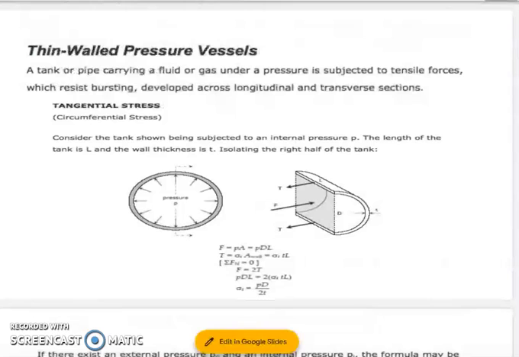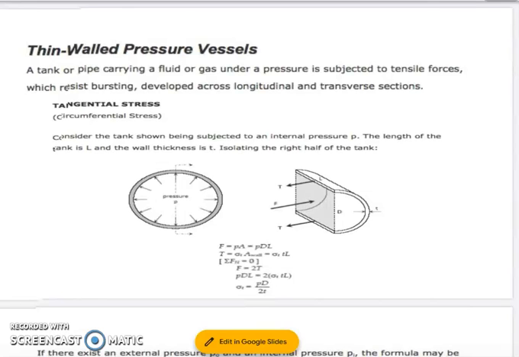our thickness of the wall of the tank times the length of the tank. If we simplify this, we get the value for the stress, which is the tangential stress, equal to pressure times the diameter all over 2 times the thickness.